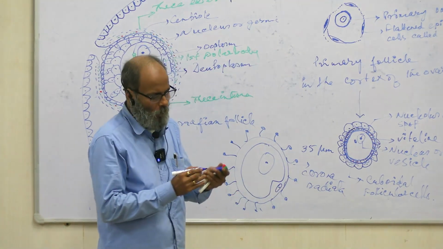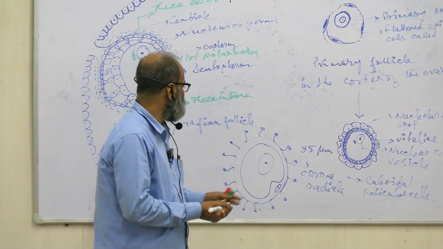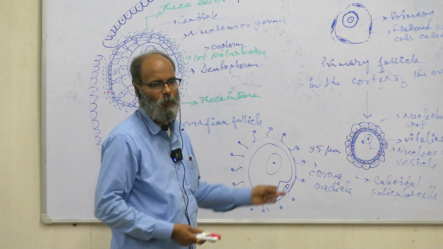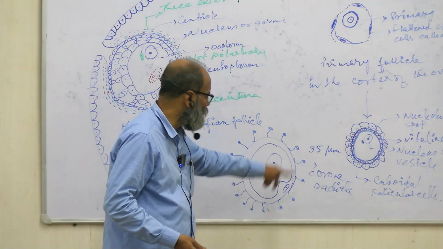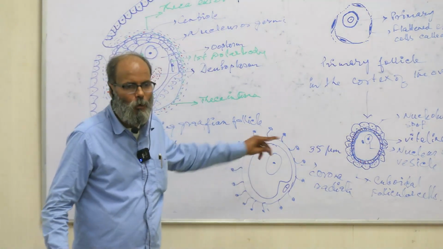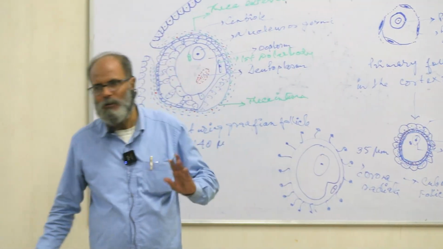Only a few follicular cells remain attached to the zona pellucida. All right, and this formation is known as corona radiata. Corona radiata. Got my point?